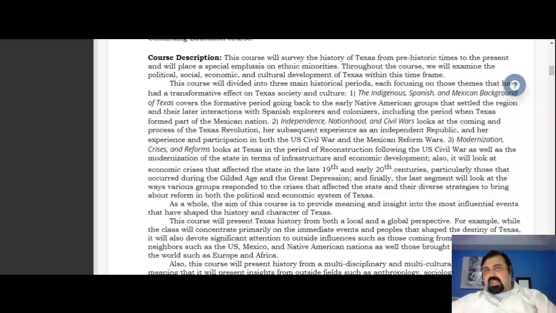And then once we move into the 20th century, there's also going to be further immigration into Texas. Towards the end of the course, there's going to be a topic regarding Texas in the age of globalization, and there we're going to see more and more immigration taking place from various places of the world.